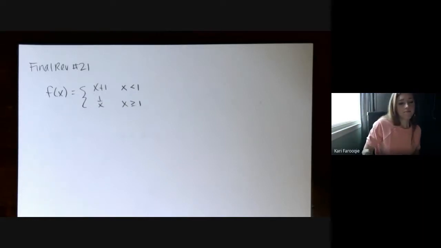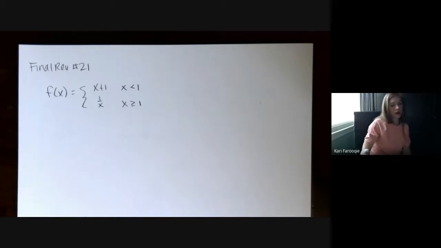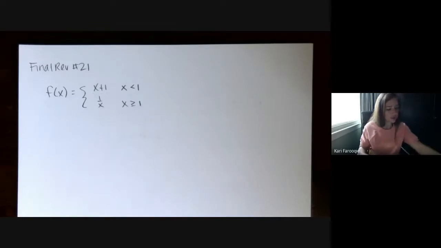So one thing you can do to automatically show that the function is not continuous is to just evaluate the function at these points where you have the breaking point, and that occurs at 1. So at 1, it's like this boundary. I think that's how we referred to it in class.